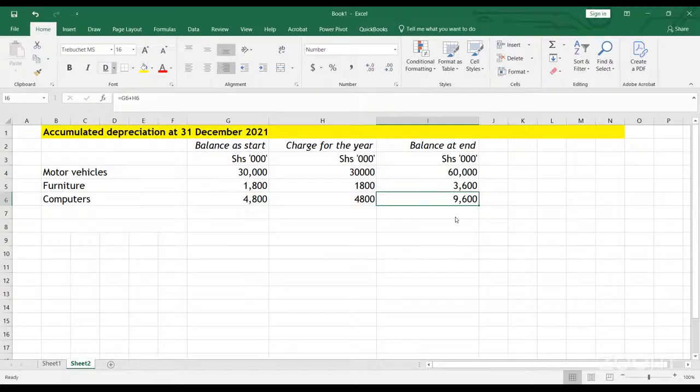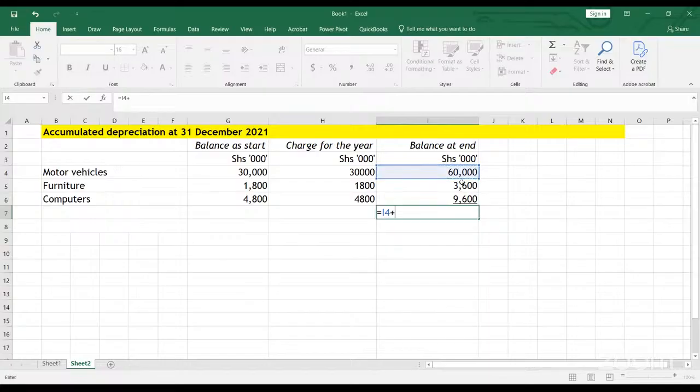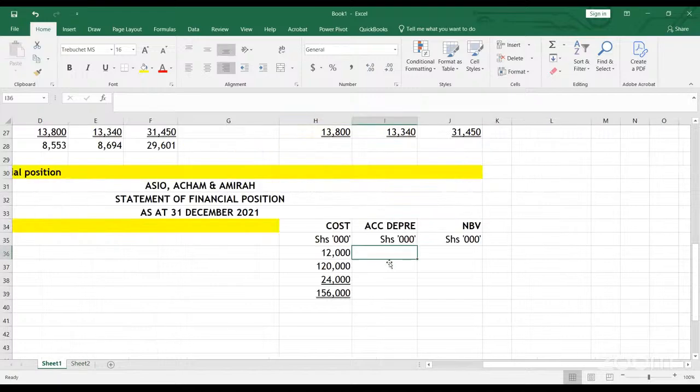At the end of the year, this is our accumulated depreciation balance carried down. These are the figures I'm going to take to the balance sheet.